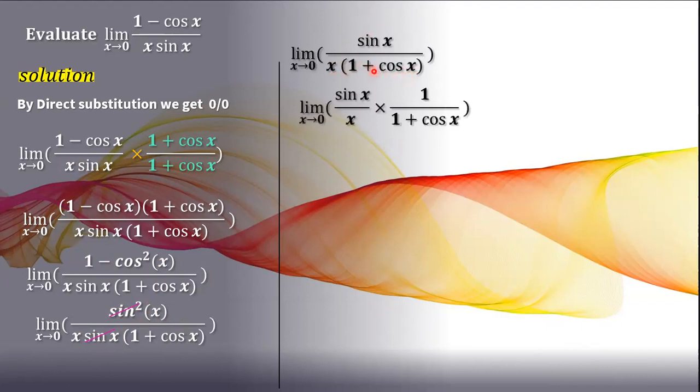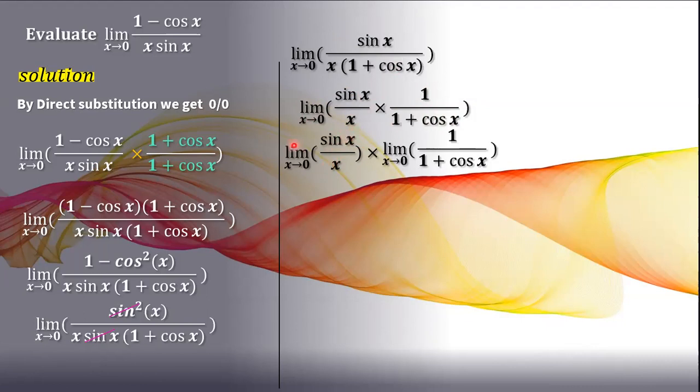As in grade 4, we can take this with this: sine x over x, times 1 over 1 plus cosine x. Now we can distribute the limit on both parts. For sine x over x, we have a theorem: sine ax over bx equals a over b.